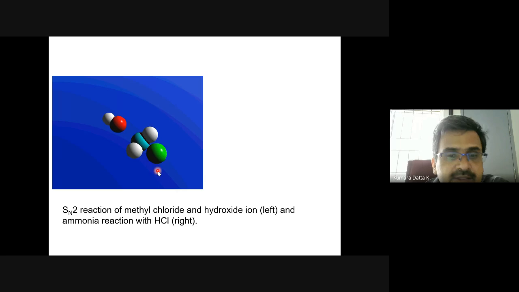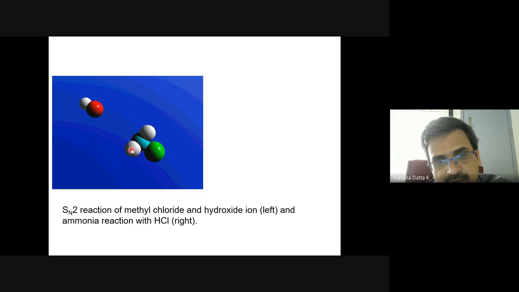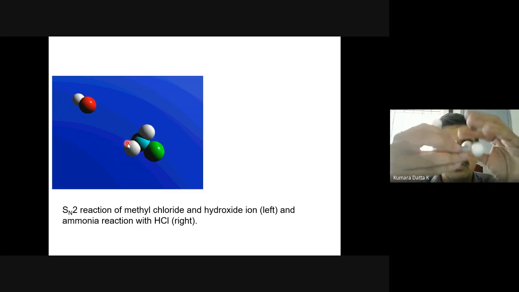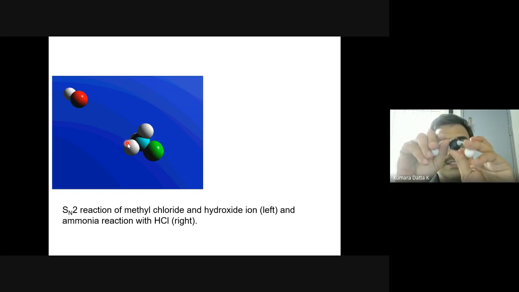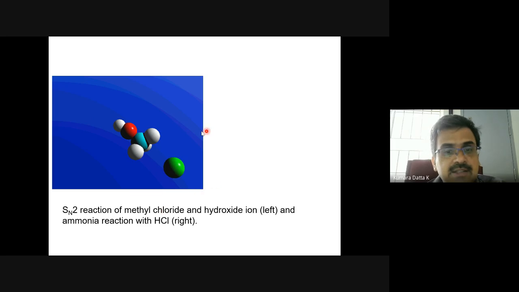So this is the reaction of methyl chloride, with the chlorine group leaving and the entry of the hydroxide group. Please observe the geometry. See how earlier it was more directed towards you. After the hydroxide ion, it changes its configuration. This is the reaction of methyl chloride with hydroxide ion.